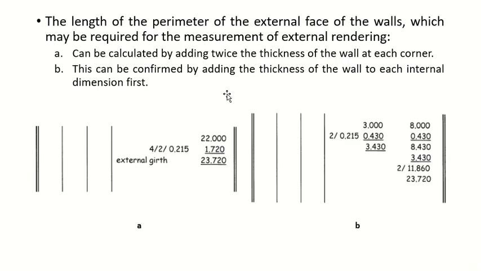This one is more detailed, obviously, with more steps. You take each internal dimension, add 2 times the thickness to each internal dimension separately. Then you add these 2 dimensions together, they will become one L shape, and then you multiply by 2 to get the total room.